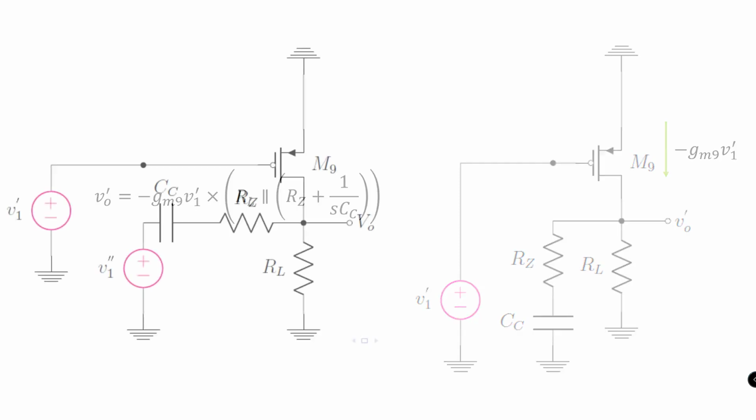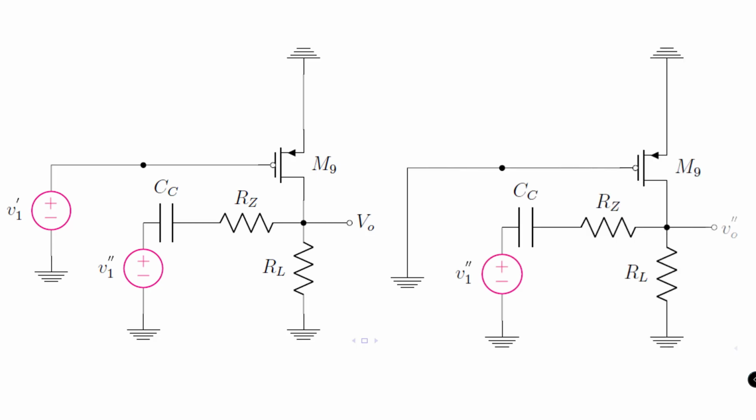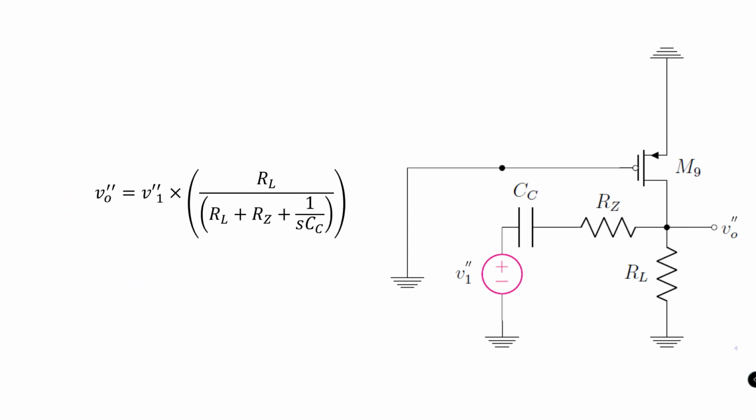Now let's analyze the output response with V1 double prime potential alone. One can easily evaluate the output voltage by making use of the simple voltage divider principle, and that results in an output expression as shown here.